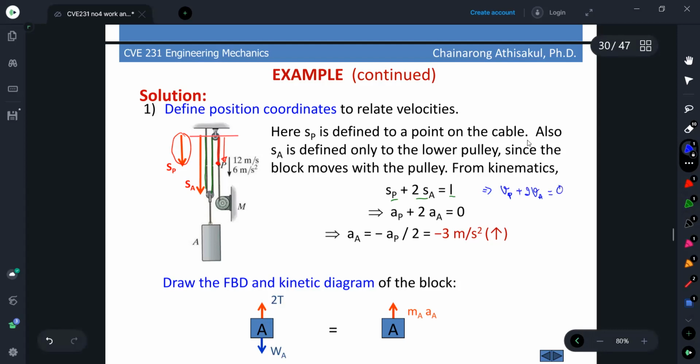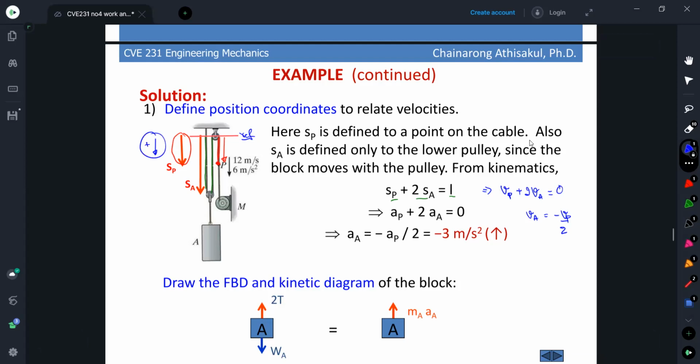Then VA equals minus VP over 2. From the picture, we measure from the reference to the point that we consider, downward as the positive direction.